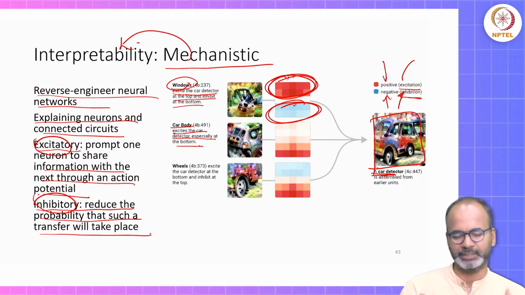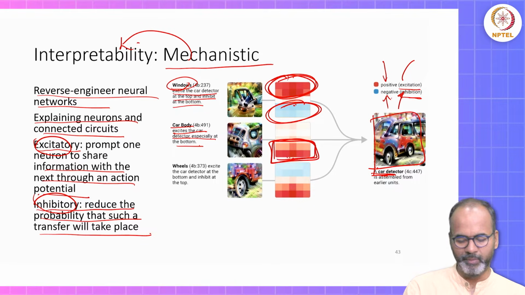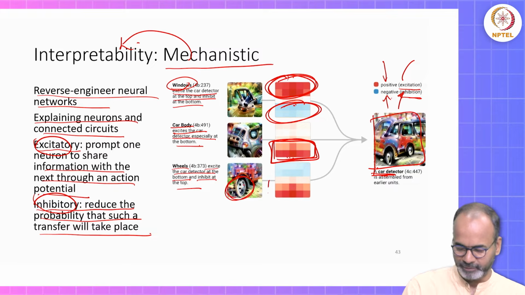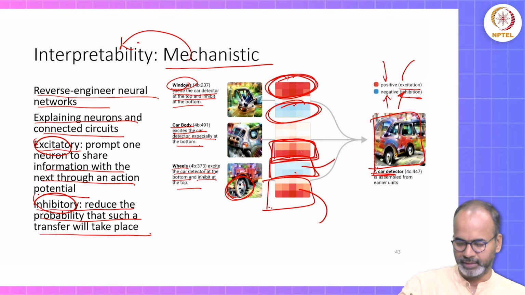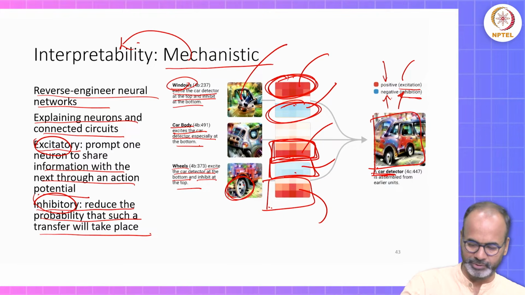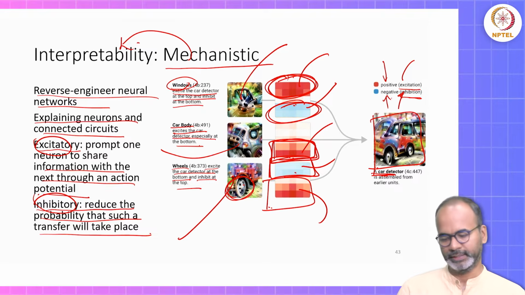Probably wheels, probably that part of the image is what is exciting, which is positive. Wheels excite the car detector at the bottom and inhibit at the top, because it's identifying that the wheels are here and therefore the bottom of the image is getting excited, and inhibited at the top. Positive, negative here, positive, negative here, because here we are doing windows, here body, here wheels, right?